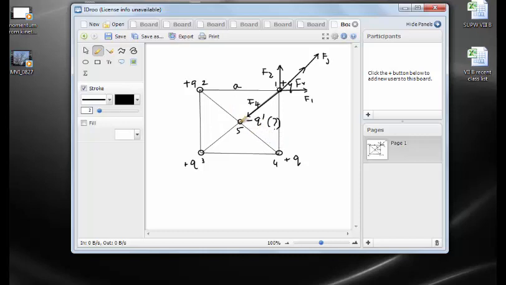So this particle will also be at rest. Therefore the whole system can be in equilibrium if we choose the proper value of the charge at the center.